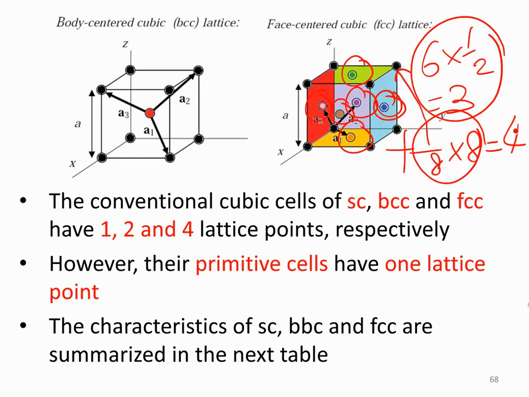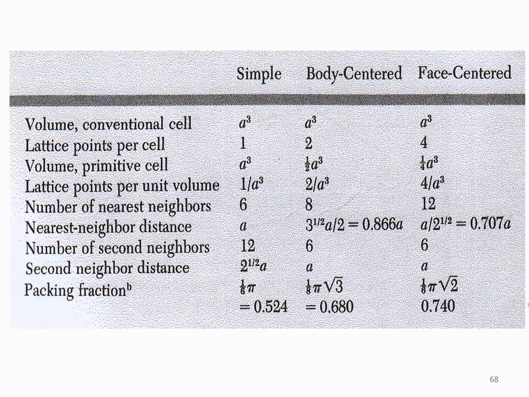So the total lattice points for face-centered cubic is 4. However, the primitive cell has 1 lattice point; primitive cell means simple cubic. The characteristics of simple cubic, body-centered cubic, and face-centered cubic are summarized in the next table. I will go through it one by one.